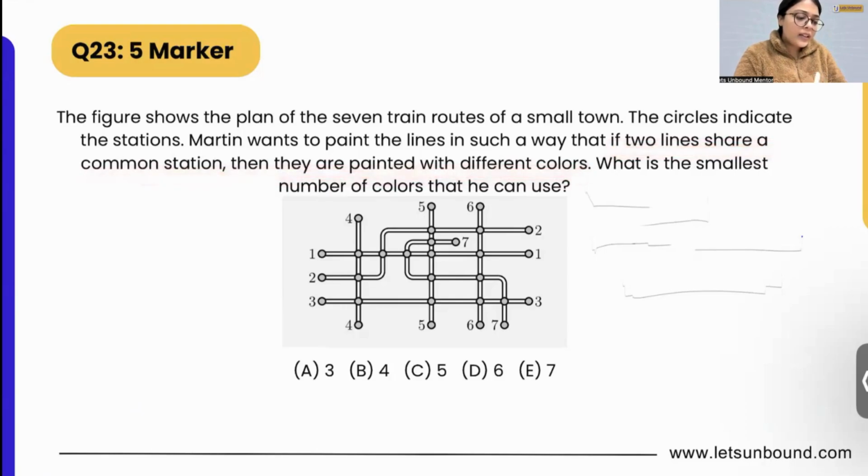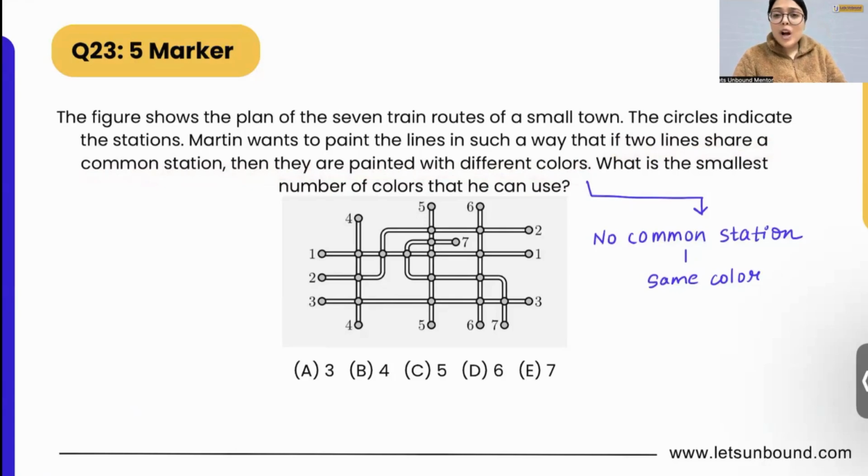Why don't we think in a different way and say, what if they have no common station? Then it means we can use the same color, just the opposite of what they are saying, and we are still in the right direction. So let me have a look at the stations and see which two or three don't share any stations, so that we can share the common color, because after all we need to find the smallest number of colors.